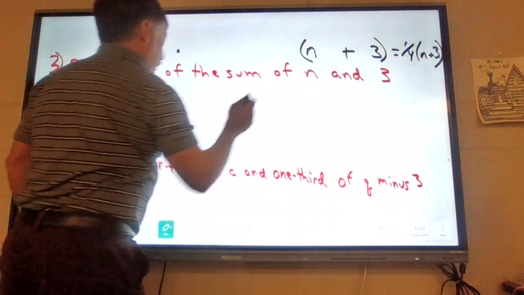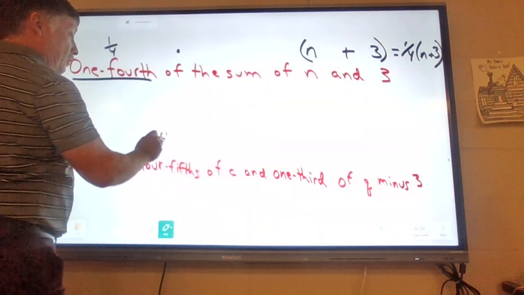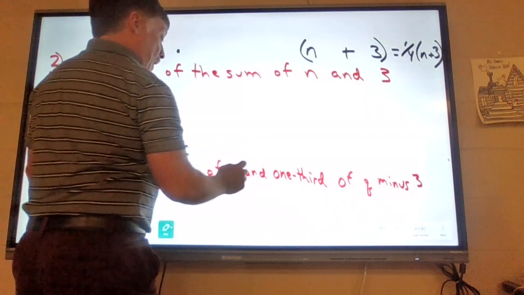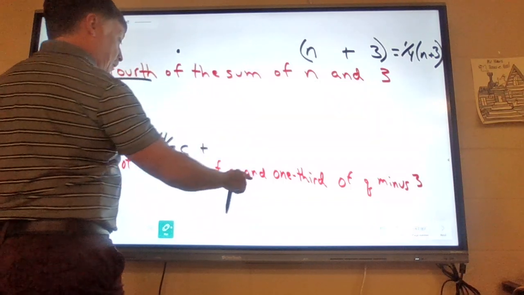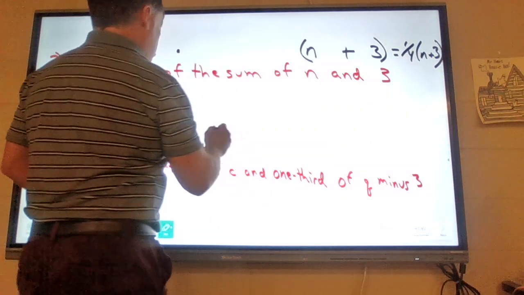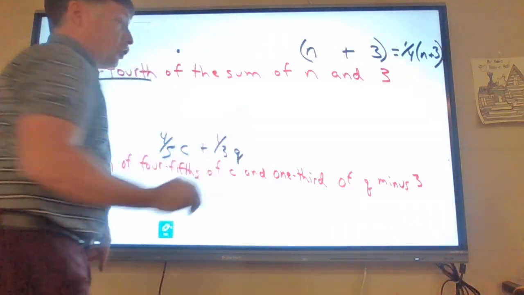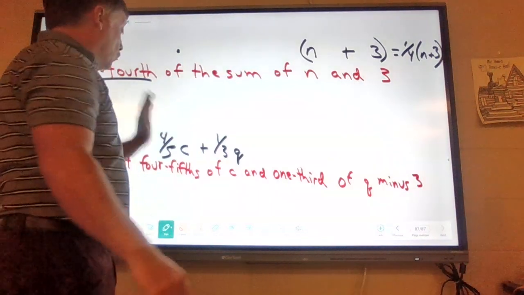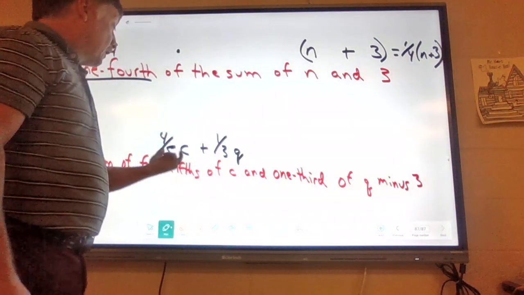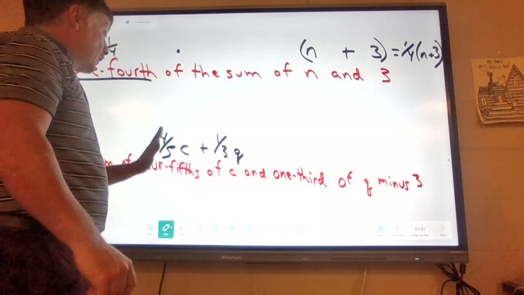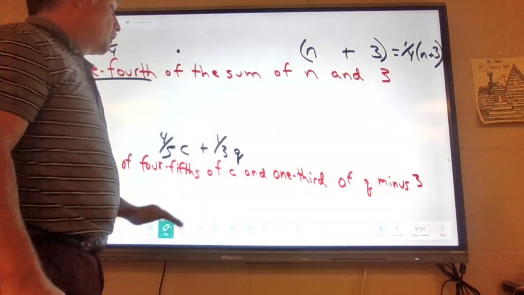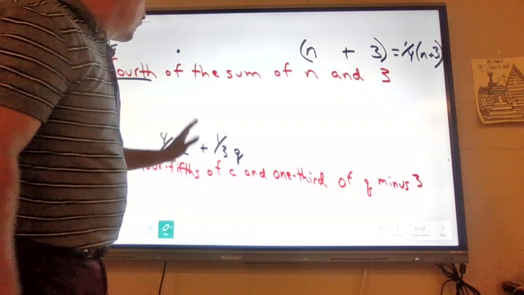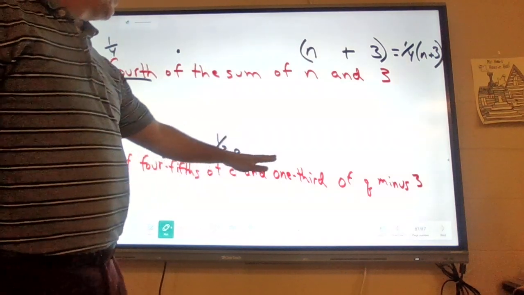So the sum of 4/5 C, and means plus, where your sum goes where the and is, 1/3 Q. Okay, so we find the sum of 4/5 of C. Of means multiply, so you put them together, 4/5 of C, okay? And the sum goes in where the and is, the plus, 1/3 of Q.